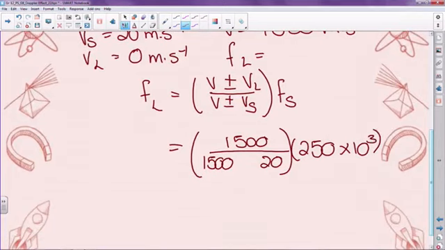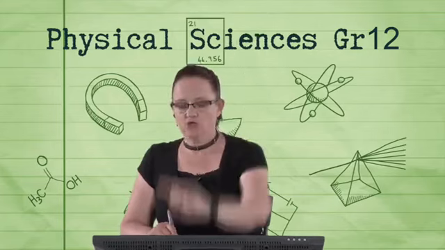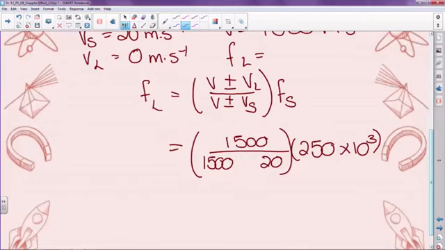Now we say to ourselves, okay, the dolphin was moving towards the rock. If it's going towards the rock, my frequency must increase. So I must have an answer bigger than 250,000. That means the fraction inside my bracket must be bigger than 1. So I must divide 1,500 by a number smaller than 1,500, so I'm going to minus.